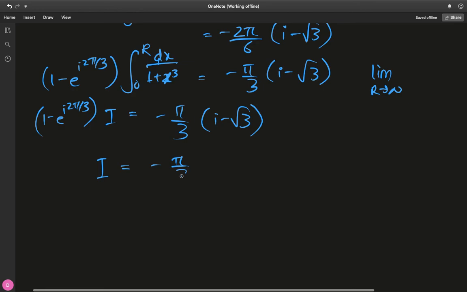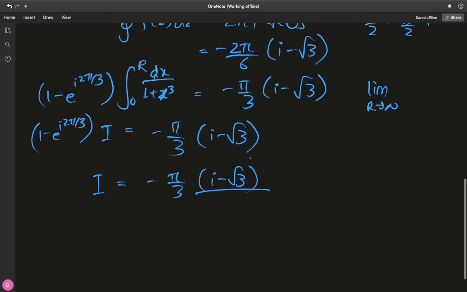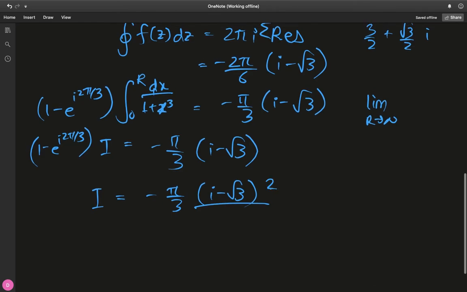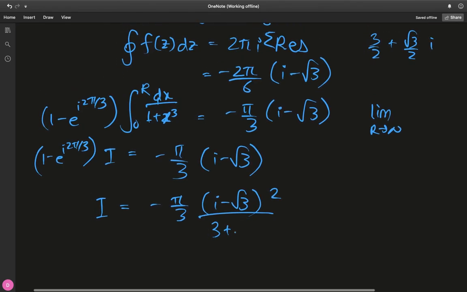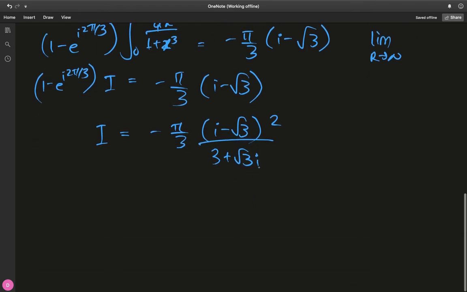So minus pi over 3 times i minus square root 3 divided by, the 2 will go on top from this, 3 plus square root 3i. It looks like it's time to pull out a square root 3 from the denominator.